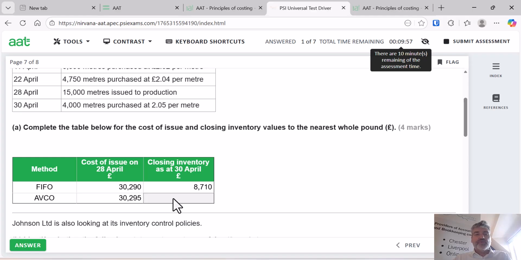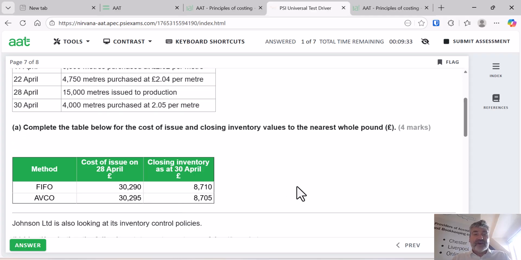I just need to work out then the total cost of the 4,000 meters bought on the 30th of April. So that's 4,000 times 2.05. That's 8,200. Add the 505 to that, gives me £8,705.